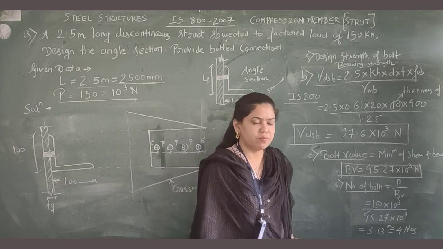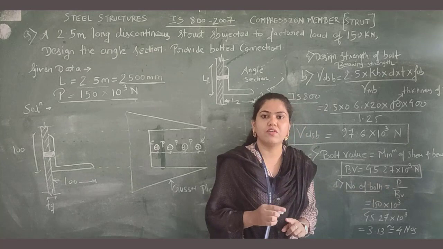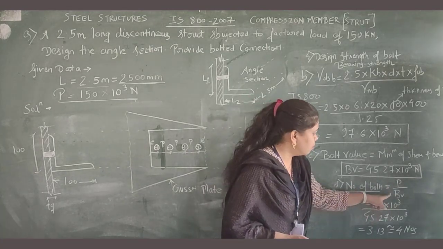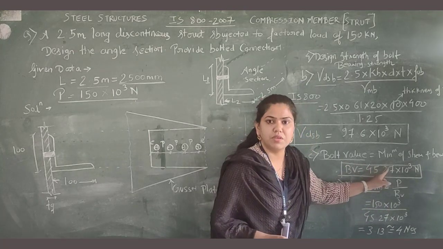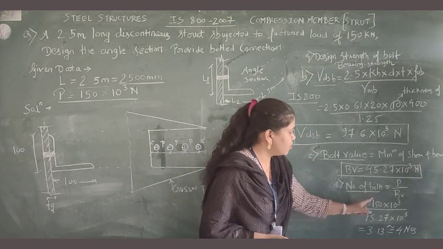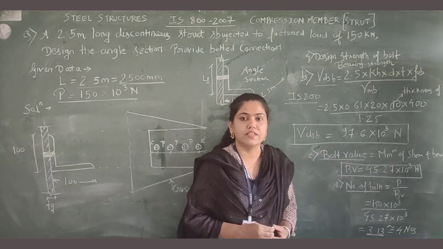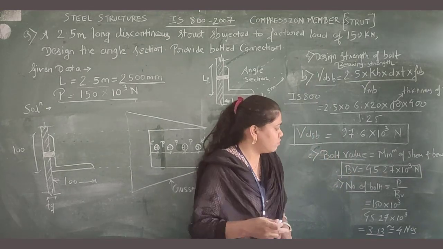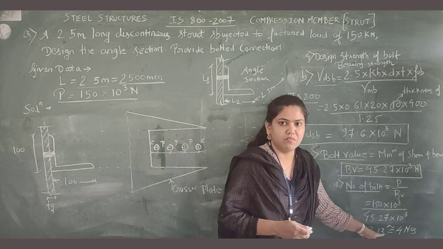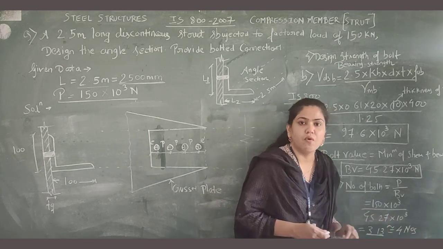For that, there is a formula P by B, where P is the factored load, which is already given in the numerical, equal to 150 into 10 to the power 3. The bolt value is 45.27 into 10 to the power 3. From that expression, you will get the number of bolts, that is 3.13. You have to round up this value because 3.13 is not a standard number of bolts. So here I round it up to 4 nos.